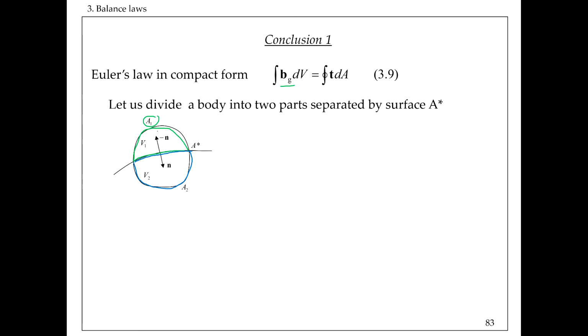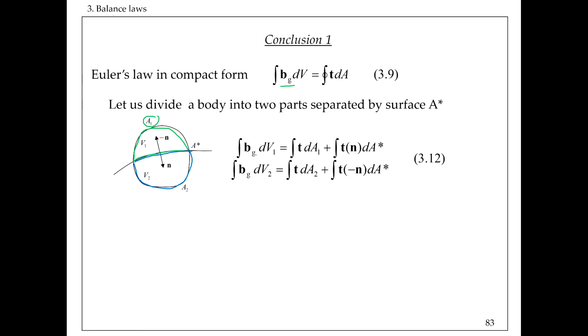So we can write first for the part V1. Our integration here I will denote by dV1. The blue one will go here when we integrate this part, and the green one is showing here.